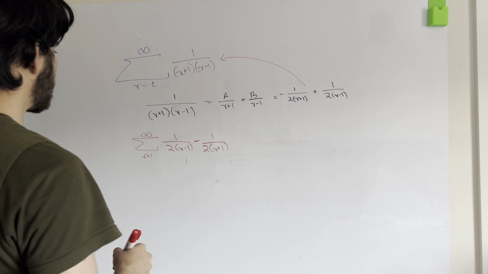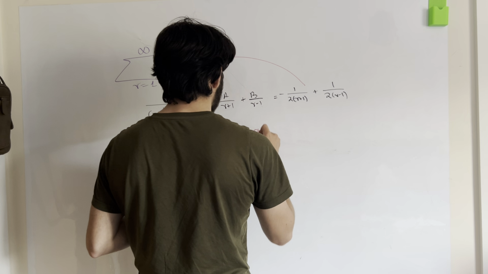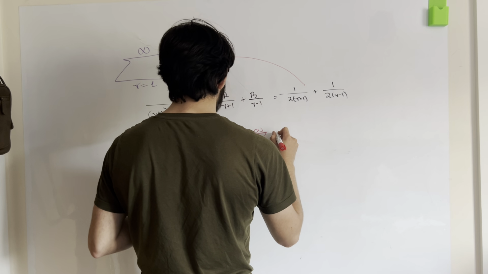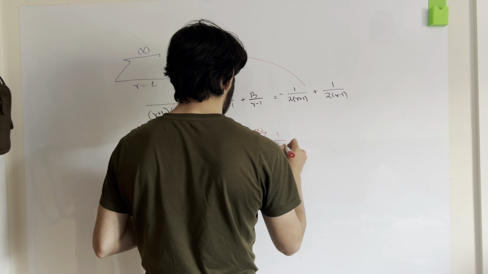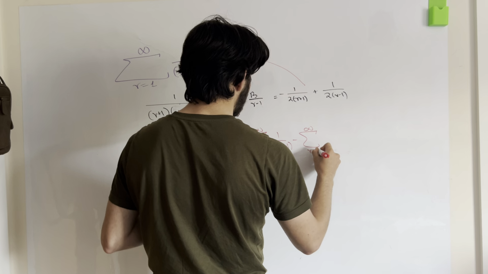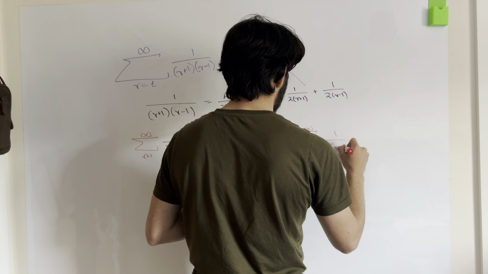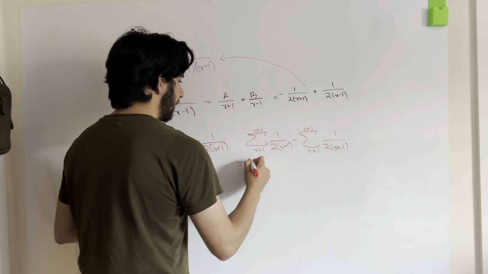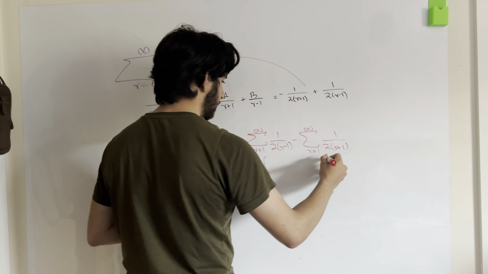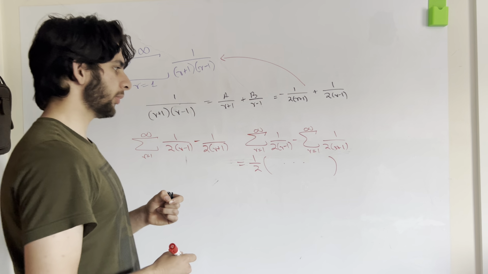Then, distributing the sum again, we'll get the sum to infinity from r equals 1 of 1 over 2(r minus 1) minus the sum to infinity from r equals 1 of 1 over 2(r plus 1). Of course, you can factor a half out of this whole expression so that you can get whatever it is in your brackets.